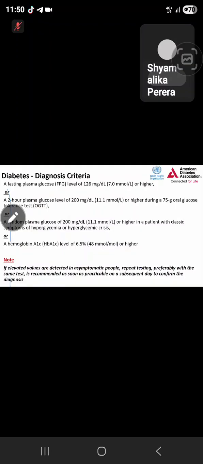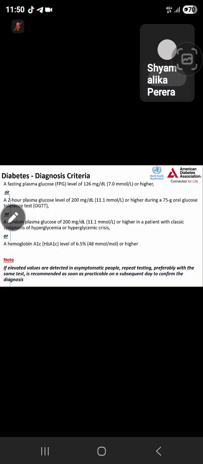When it comes to diabetes diagnosis criteria, from time to time there are many organizations like WHO and the American Diabetes Association that describe criteria for the diagnosis of diabetes. The first criterion is the fasting plasma glucose level. It should be 126 or more, or 7 millimoles per liter, to diagnose diabetes.